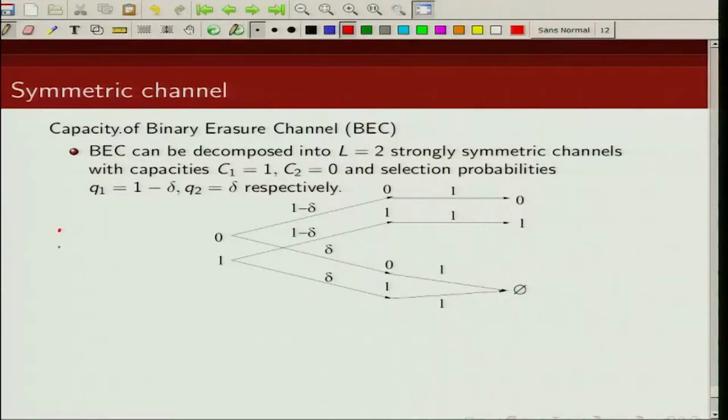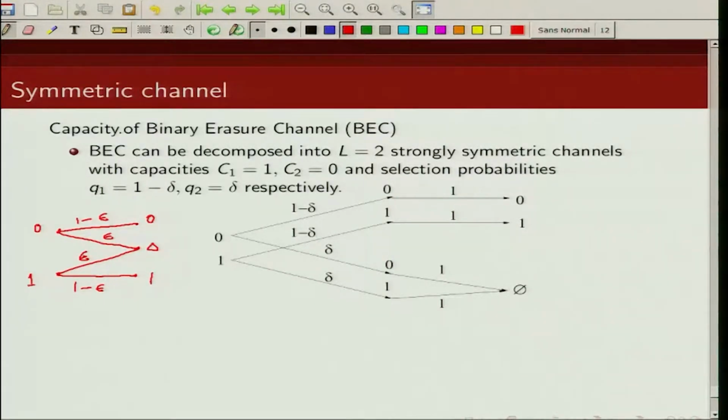In a binary erasure channel, you have two inputs, 0 and 1, and you have three outputs, 0, 1 and another output state which is the erased state. With probability 1 minus epsilon, you receive the bits correctly, and with probability epsilon, you receive them erased.